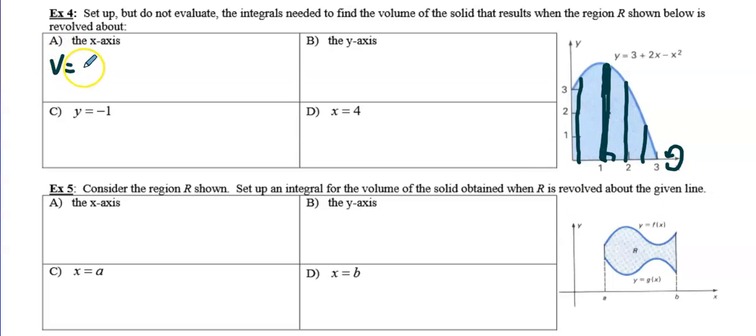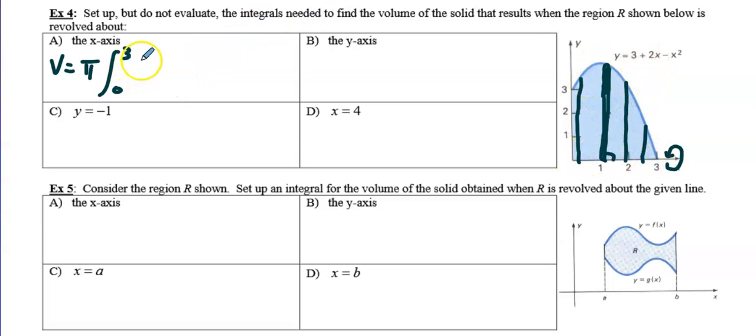And so I'm going to do volume is equal to, I'm going to pull out the pi because washer-disk. We all know that this is going to be 0 to 3 from just our knowledge of the washer-disk method. And then remember that because it's flush to our axis of rotation, we don't have a little r here, we just have a big R. And the big R is going to be the top curve minus the bottom curve.